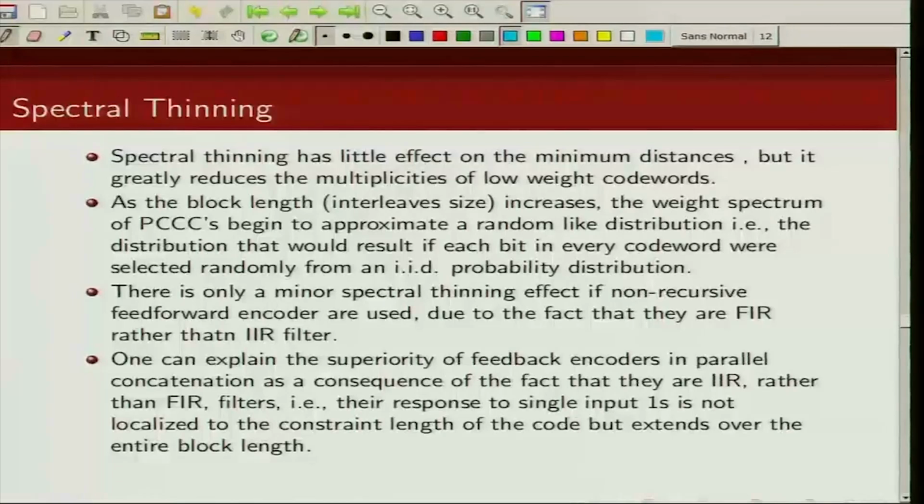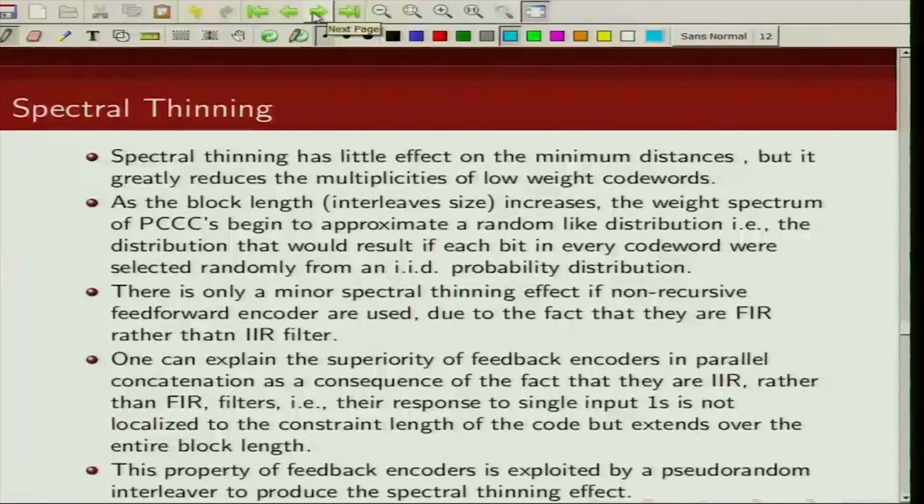So, the response to a single input 1 in case of a feed forward encoder is localized, whereas for a feedback encoder it extends over the entire block size. Now, this property of feedback encoders is exploited by the pseudo-random interleaver to produce this spectral thinning effect.